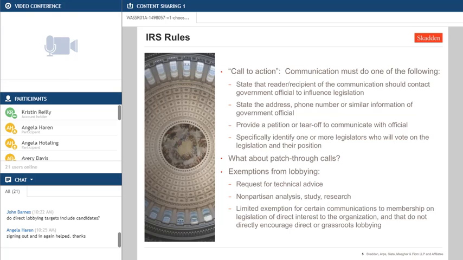The IRS, once again, has a lot of rules. You can actually take a view. It can refer to specific legislation and take a view on legislation. The IRS's only caveat is that it's got to present what they call a sufficiently full and fair exposition of the opposite side that you're taking in order for it to be excused from either preparation for lobbying or an actual lobbying communication itself.